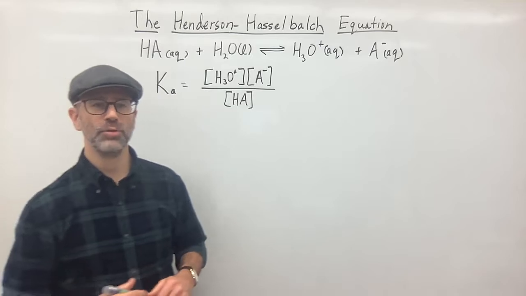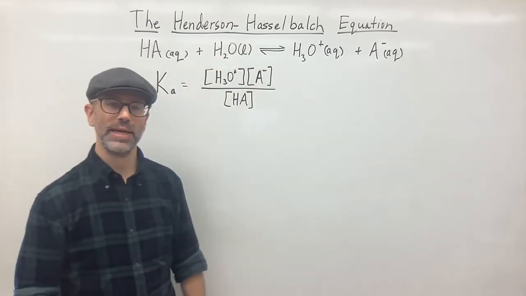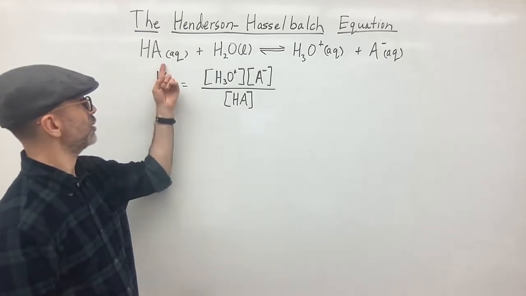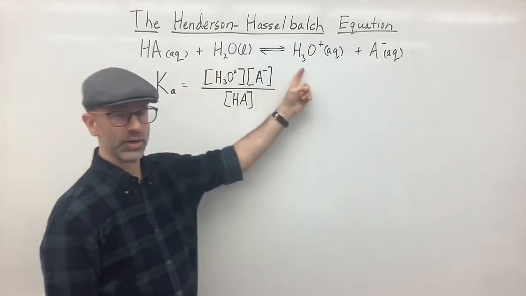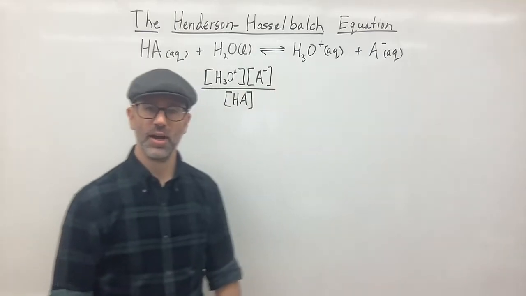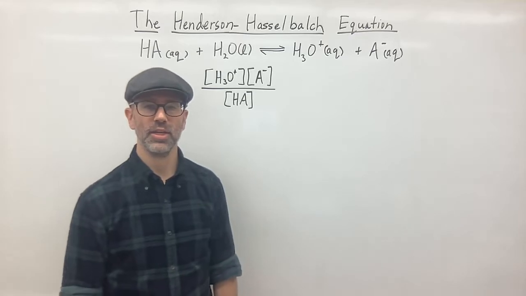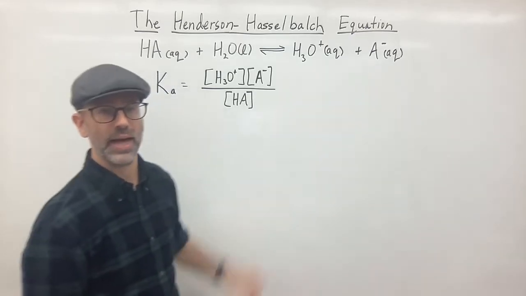So first, we need to start with the general equation for a weak acid. So here we have HA reacts with water, donates a proton to the water, gets your hydronium ion, and then you've got your leftover negative anion of the acid. So this is your conjugate base of the weak acid.